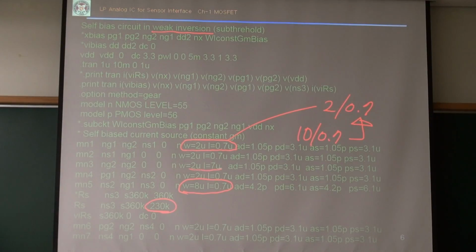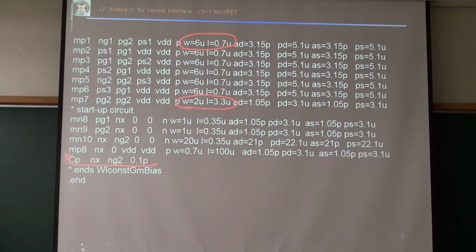Oh yeah, this is a small transistor for that cascode biasing. The PMOS used to be 20 by 0.7, right? It was changed to 6 by 0.7. It still works in subthreshold at 100 nanoamp. Okay? So I hope you use this bias circuit for your homework.